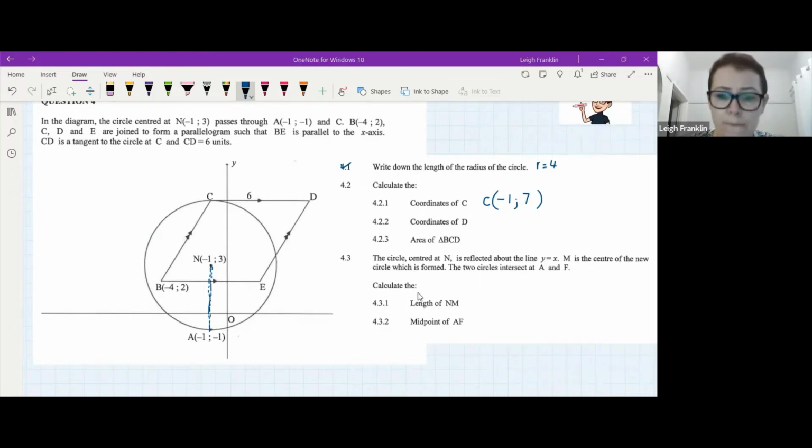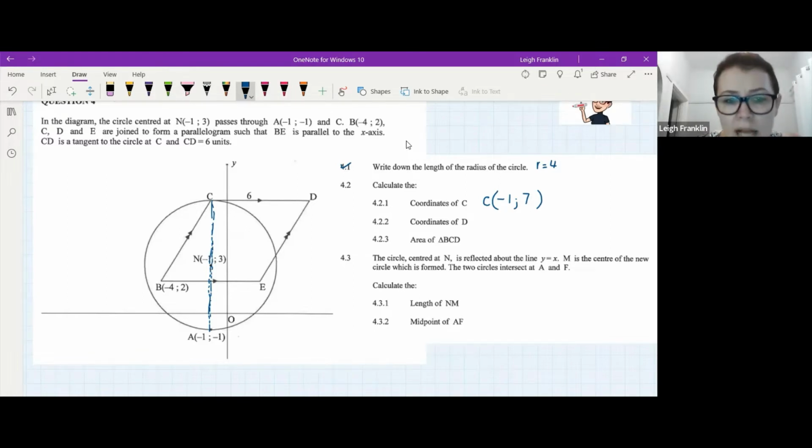We would not be able to determine the x coordinate at C if it didn't lie in the same vertical line. There would be no way for us to work that out. It has to lie in the same vertical line. We can't just work out the coordinate at some random point. So it has to be in the same vertical line.